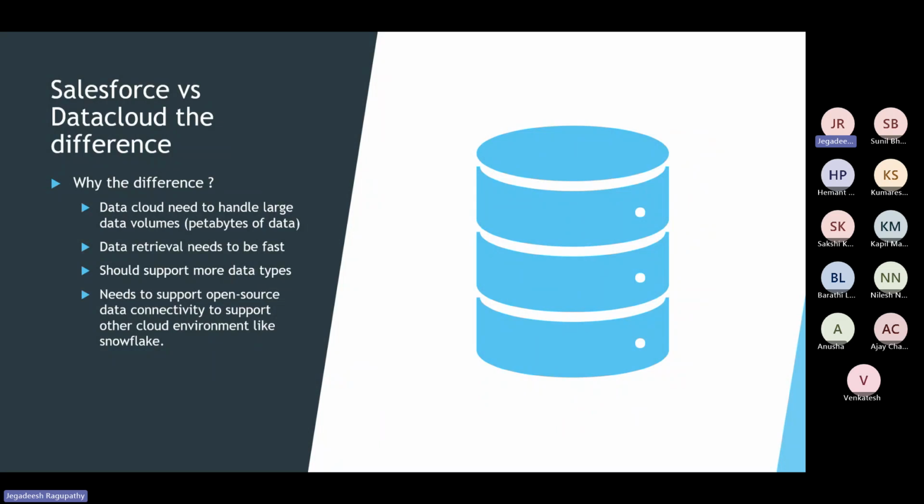But Salesforce is not capable of handling petabytes of data, which is more than terabytes. That's where the data cloud comes into the picture to handle this large volume of data, because the existing Salesforce environment cannot handle such large volumes of data, right?